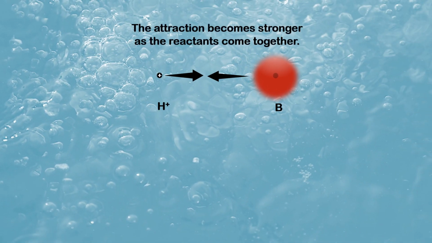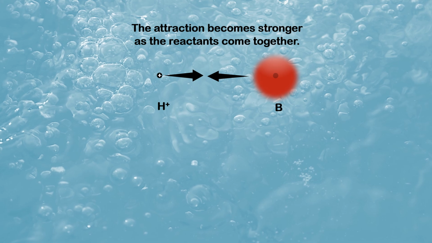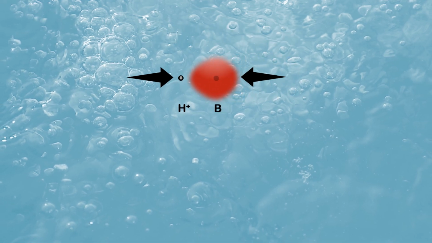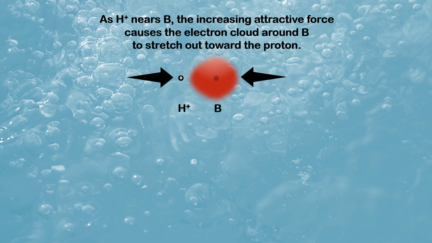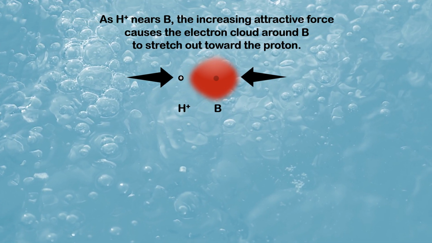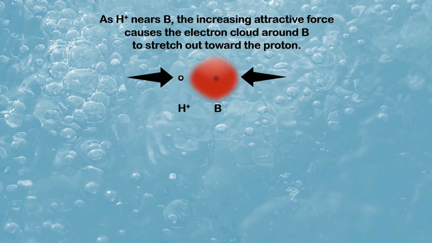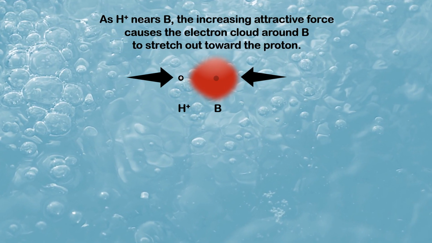This attraction gets stronger as the reacting species come together. As H+ gets close to B, the increasing attractive force causes the negative electron cloud around B to stretch out toward the approaching proton.